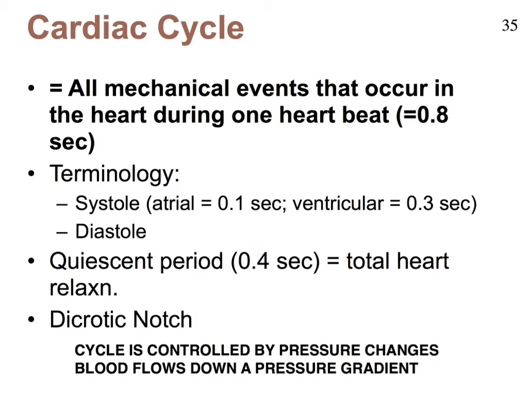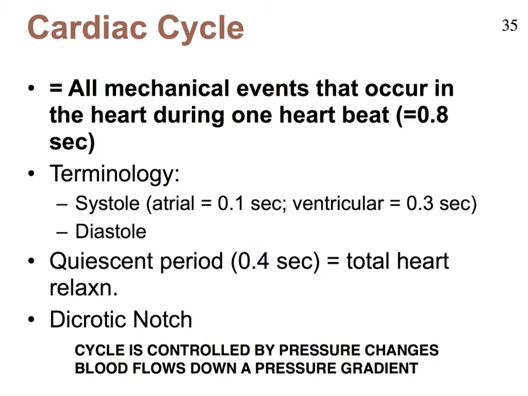Now, as we dive into learning about the cardiac cycle and all the different phases, one thing to never forget is that fluids and gases always follow their pressure gradient. Blood is a fluid, air is a gas.